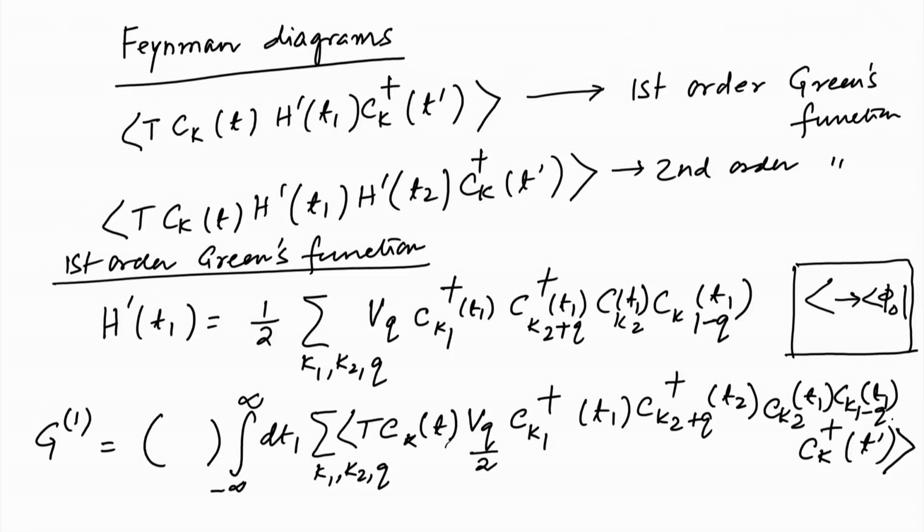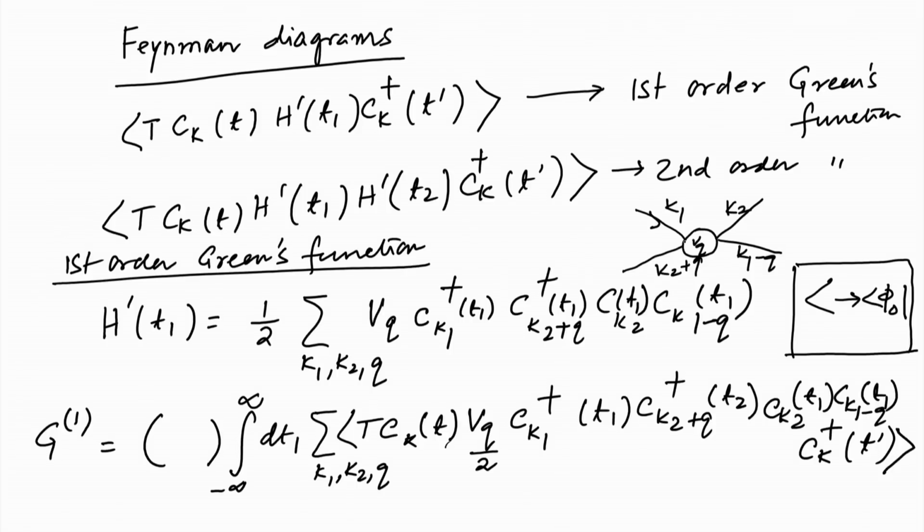Okay. So, if we redefine the interaction term with c_k1 dagger, k2 plus q, and k2 and k1 minus q, which means that two particles are coming, one with a k1 momentum and the other with k2 plus q, and then they interact with a vertex which is V_q, and then they go over as k2 and k1 minus q.